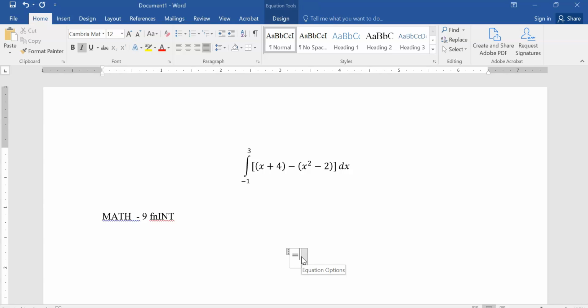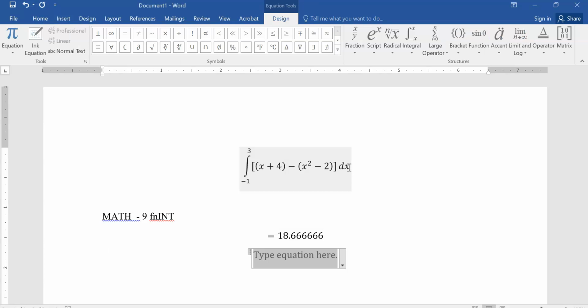But when it's all said and done and you press enter, oh, don't forget the dx at the end. The calculator shoots out a value of 18 point lots and lots and lots of sixes. If you want to call that 18 and 2/3, that's fine as well.